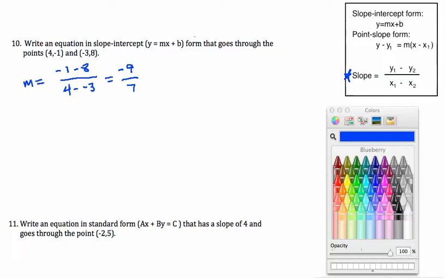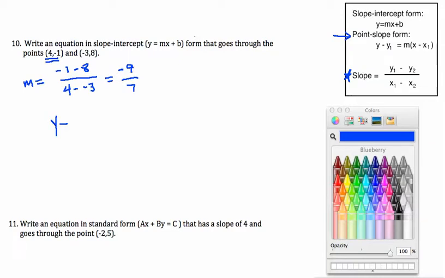Ultimately we want this to be in slope-intercept form, but the easiest thing to do here is to start in point-slope form, which is this one, and then manipulate it into slope-intercept form. So let's start: y minus. Now to get your y1 and x1, you're just going to pick one of the points that you're given and use those.